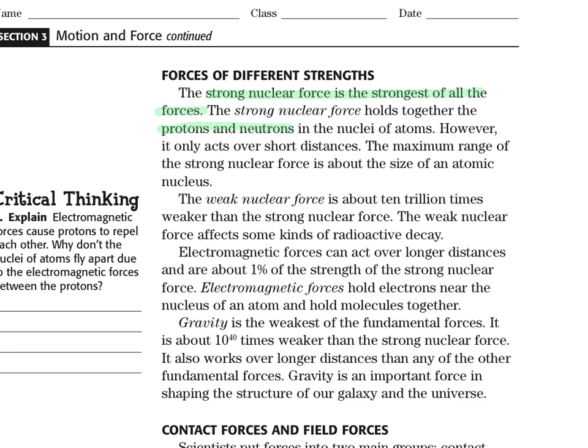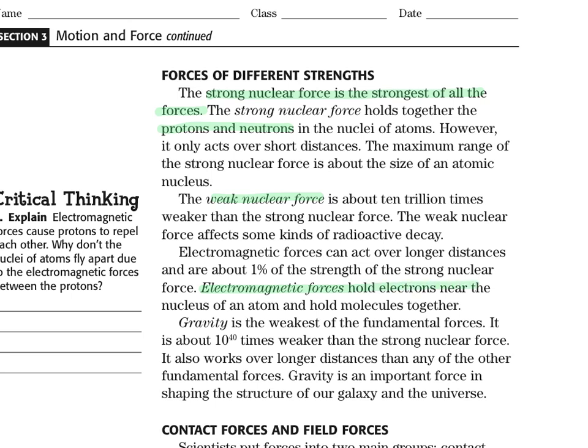The next strongest is your weak nuclear force. These are about 10 trillion times weaker than the strong nuclear force. That's a pretty big gap, but still, it's the second strongest of the four fundamental forces.